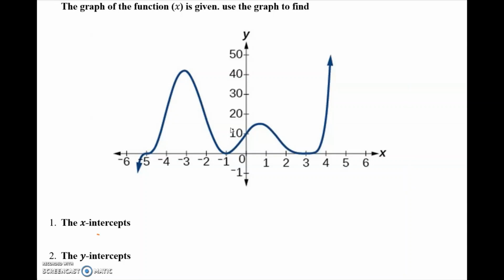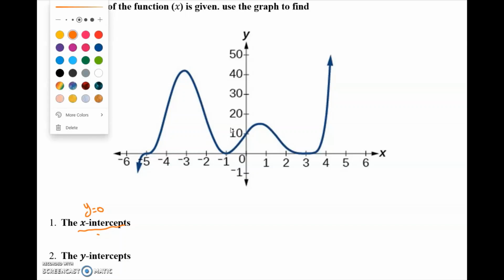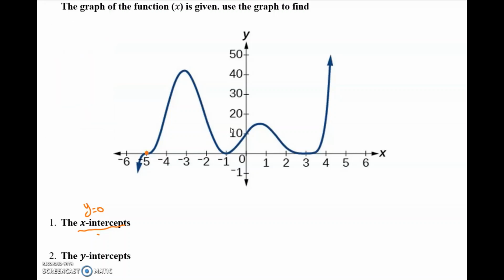Well, x-intercepts are the points at which y equals 0. By looking at the graph, it's basically the points at which the function intersects with the x-axis. We're talking about this point here, this point here, and this point here. These are the x-intercepts. You can write them as ordered pairs, or you can write them as x. I'm going to start from the lowest one.